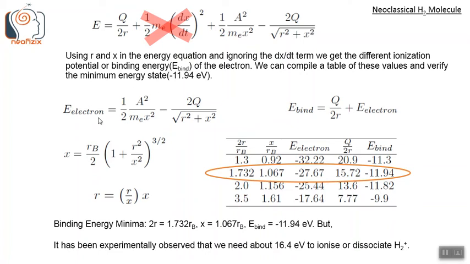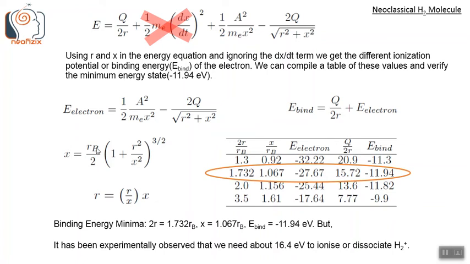E electron, the energy of the electron, has these two terms shown here: half a square by me x square minus 2q by the square root of r square plus x square. And we define another term, E bind, or the binding energy, which is nothing but the sum of the potential energy of the protons q by 2r and the energy of the electron E electron.